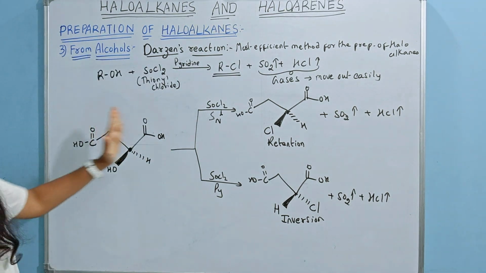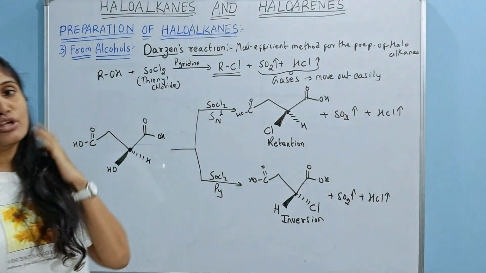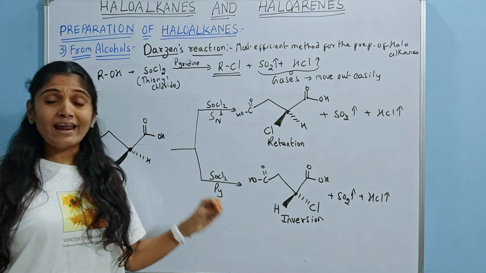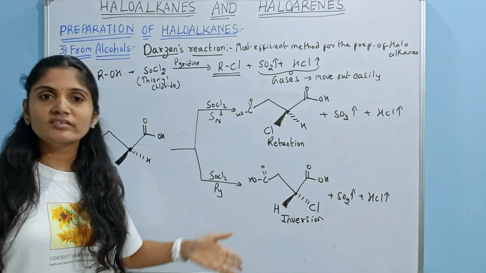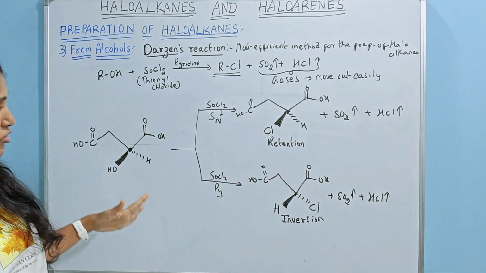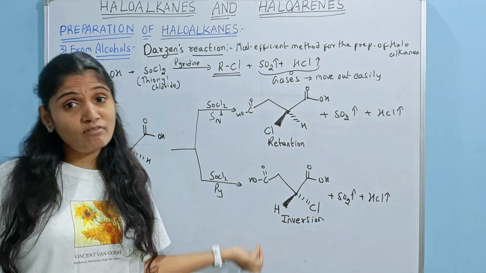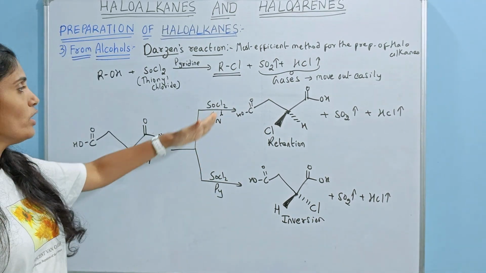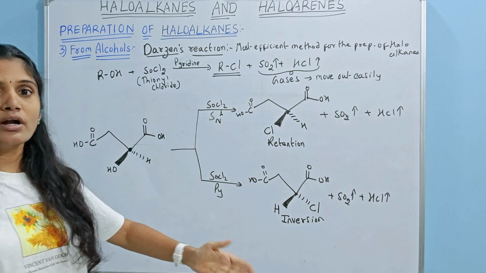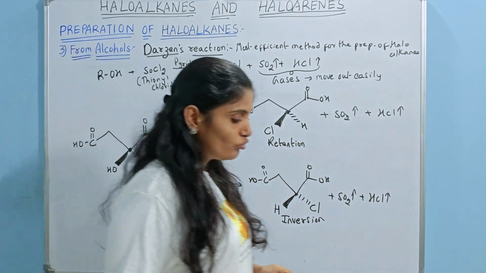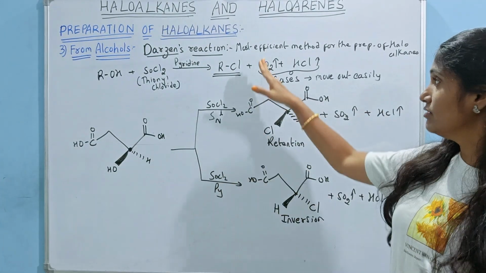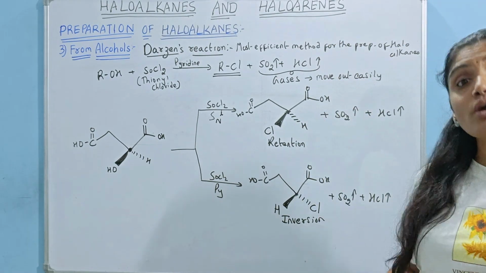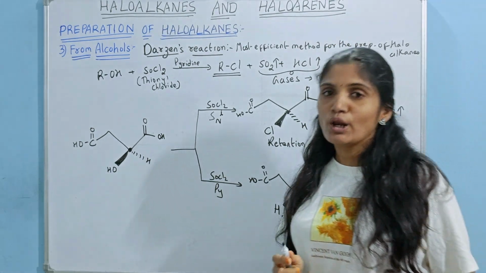So this is how you can easily understand the stereochemistry. Mechanism is for your understanding of why this is happening. In exam, you should be able to identify which is a retention product and which is an inversion product, and under what reaction conditions which product is produced. You also have to always remember Darzens reaction is the most efficient method of preparation of haloalkanes.